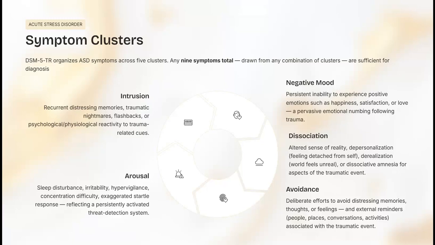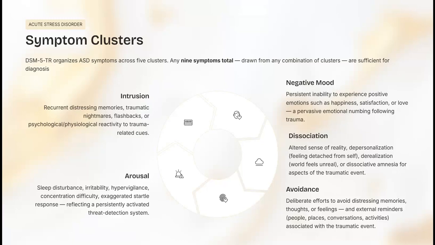So intrusion, the trauma keeps breaking through, like flashbacks, nightmares, unwanted memories, or physical reactions when they're reminded of that event. Negative mood, they may have emotional numbness, inability to feel joy, inability to be satisfied, or they can't connect with others, or they have a persistent flatness.